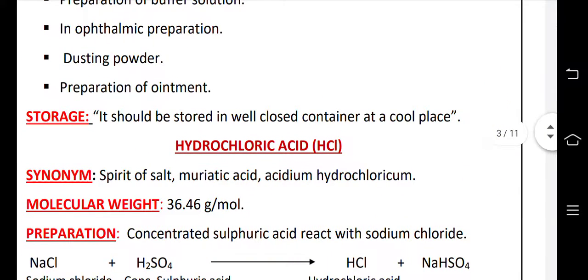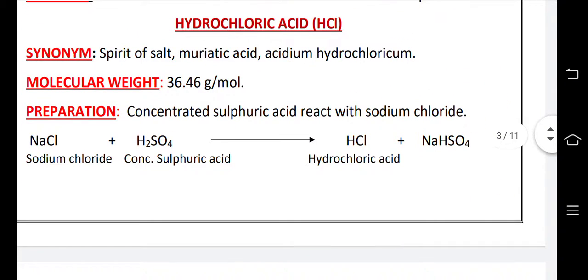Now coming to the next drug, that is hydrochloric acid. Synonyms for hydrochloric acid are spirit of salt, muriatic acid, acidum hydrochloricum. And molecular weight of hydrochloric acid is 36.46 gram per mole.